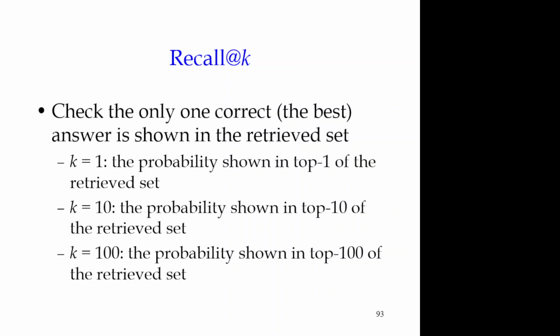If it is shown there, the retrieval is a success; if not, it fails. For example, with 10,000 queries, I evaluate for each query whether the correct answer is in the top K results, and compute the percentage of queries that succeed. This is called recall at K.